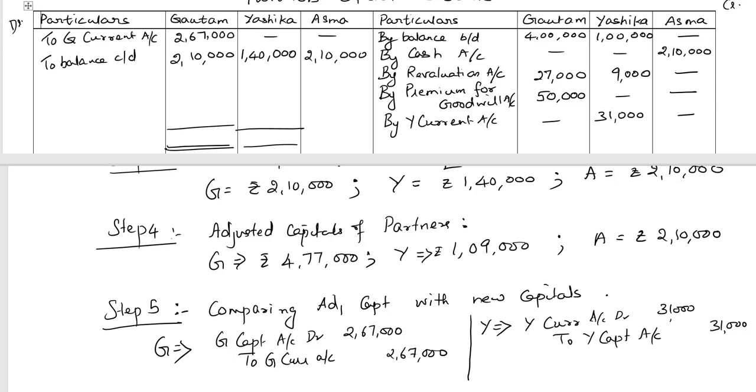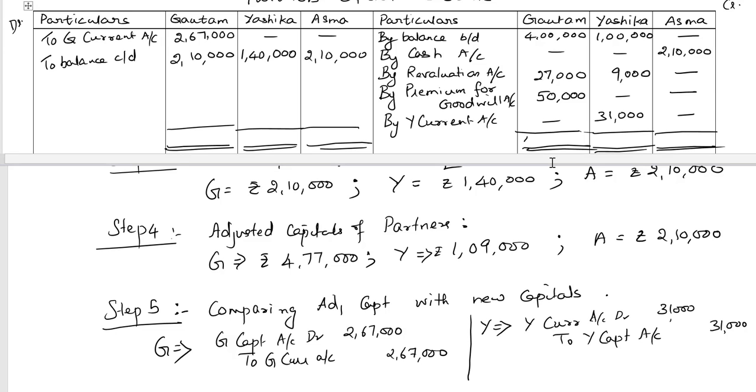Let's total it. If both sides tally, our arithmetic is right. Credit side total for Gautam, 4,77,000 rupees. Debit side total is also 4,77,000 rupees.